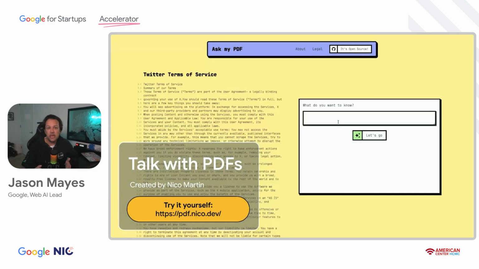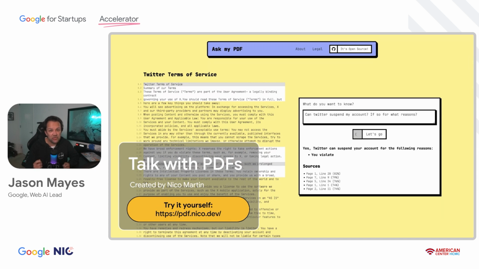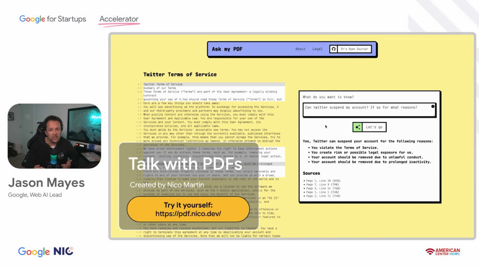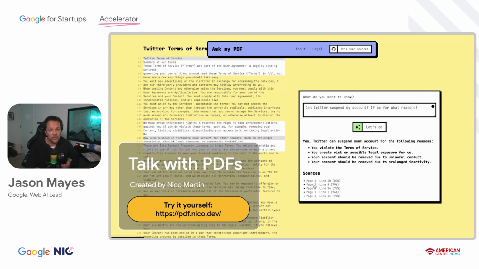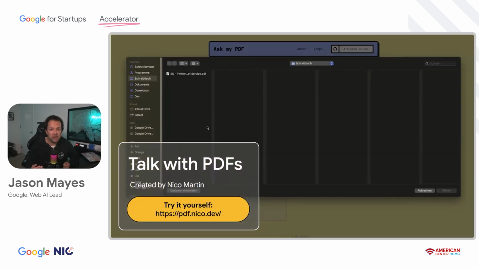In fact, people are already using these models to do more advanced things, like talking to your PDF documents to ask questions about its contents, without having to read it all yourself, as shown in this demo by Nico Martin. Now, this is a great time saver and a really neat use case of large language models when combined with surrounding RAG techniques.